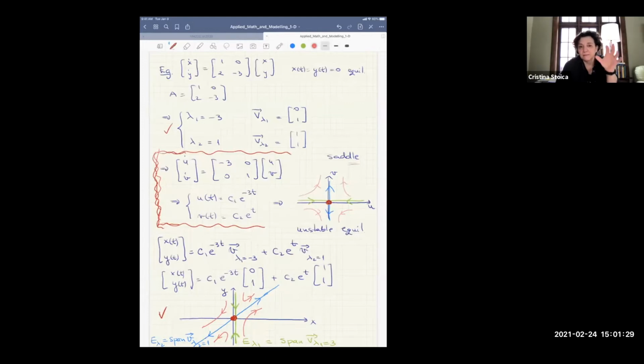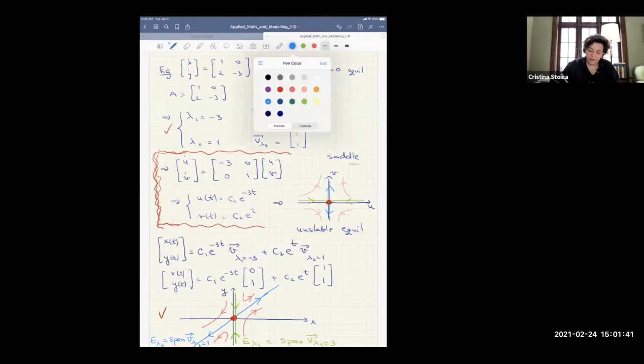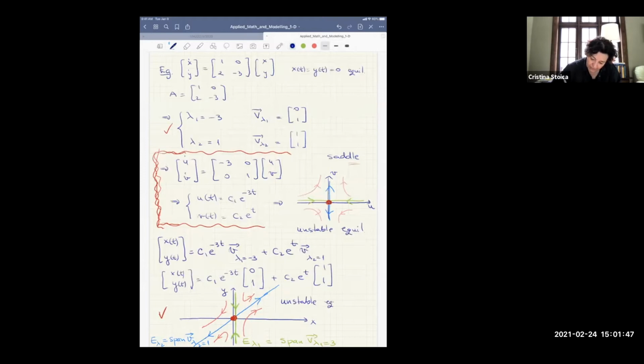Maybe later. So it's just a deformation of the dynamics, but it doesn't change its character in any way. So this equilibrium in the XY system is still an unstable equilibrium. And it's a saddle.